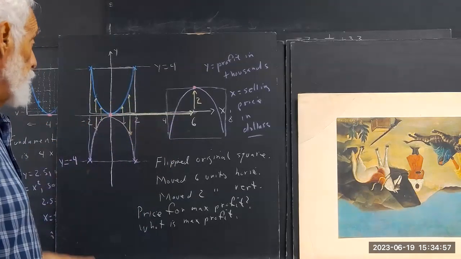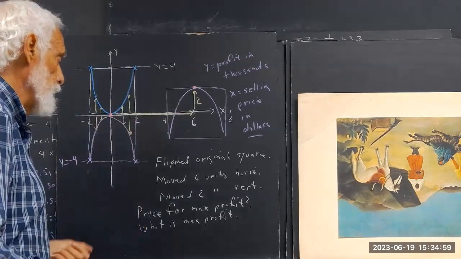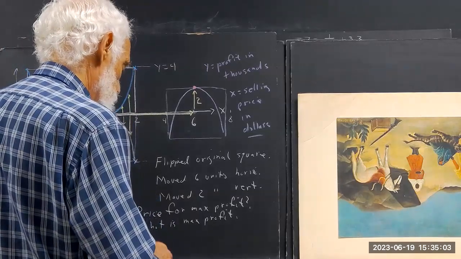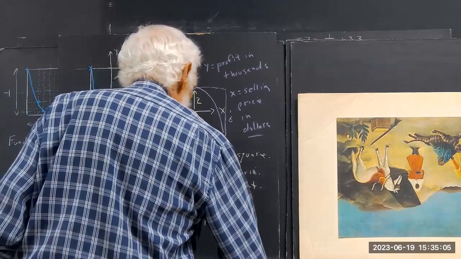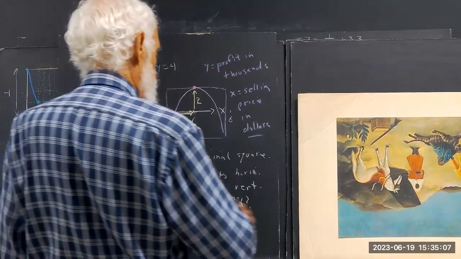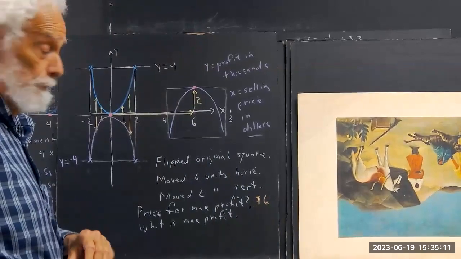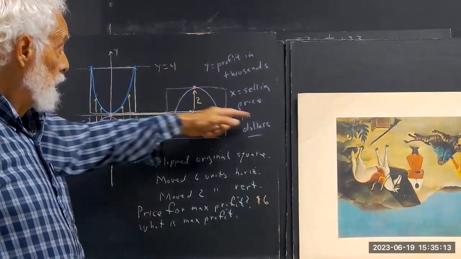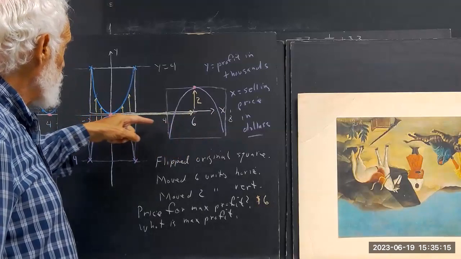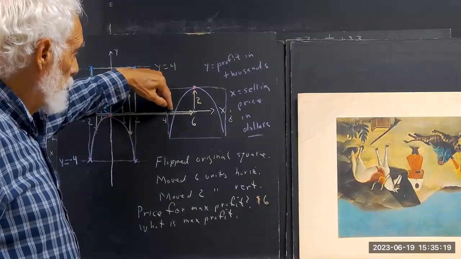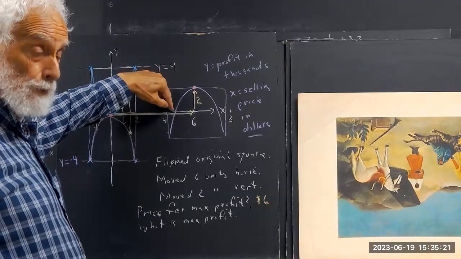Okay, well, hopefully you thought about it, and you should see that the price for maximum profit is $6. Okay. This is your price. Your price goes up, it goes up, it goes up, and you go up to a price between $4 and $5, somewhere between $4 and $5.